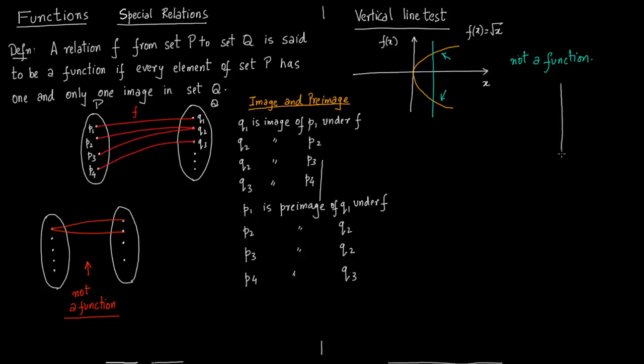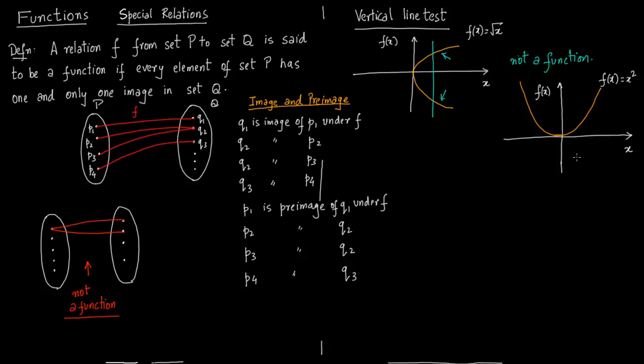But f(x) equals x square is a function. So let us see. Again we use a vertical line test. This test is really easy to perform. So f(x) equals x square, or y equals x square, is a function. The graph looks like this.